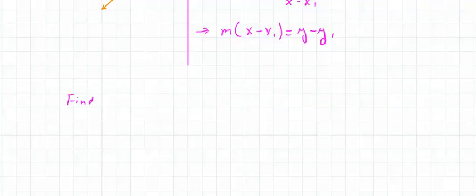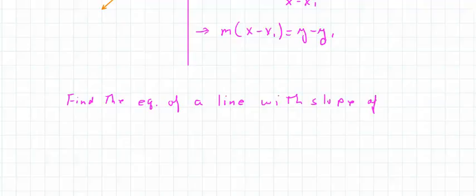Find the equation of a line with the given slope and point, because I'm going to do 2 examples.